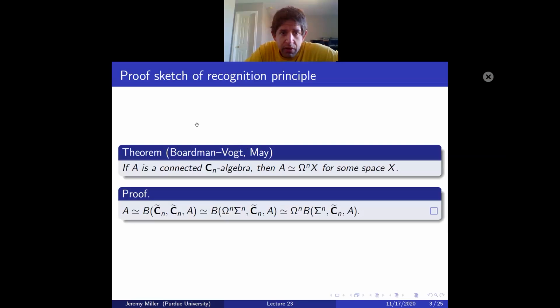So it says if you have a connected algebra over the little n-disk operad, then it's homotopy equivalent to a loop space. This is the theorem we're trying to prove, and the proof sketch is that A is going to be equivalent to this monadic bar construction. You should think of this as like a free resolution.